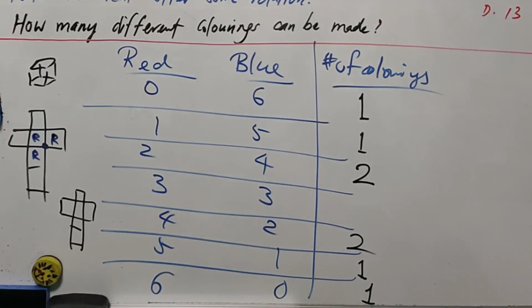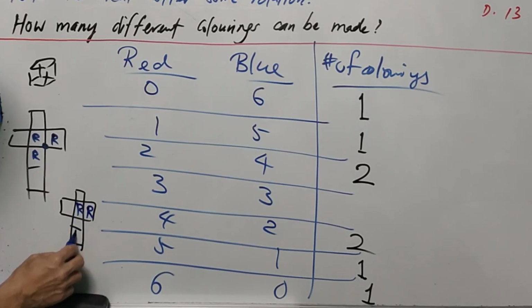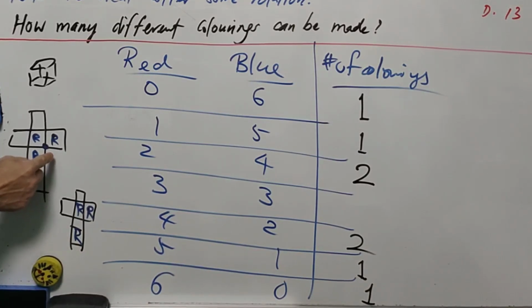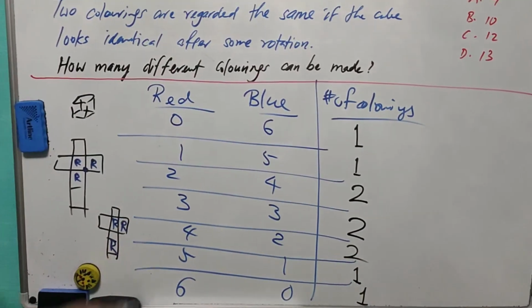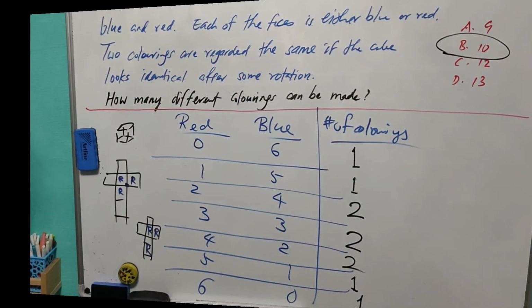In that case, there will be red, red, and the red here. Either way, for 3 red faces, there must be 2 faces that share a common edge. So either the 3 faces share another common vertex, or they don't. So in total, there are 2 of them. So altogether, you see that there are only 10 of them.